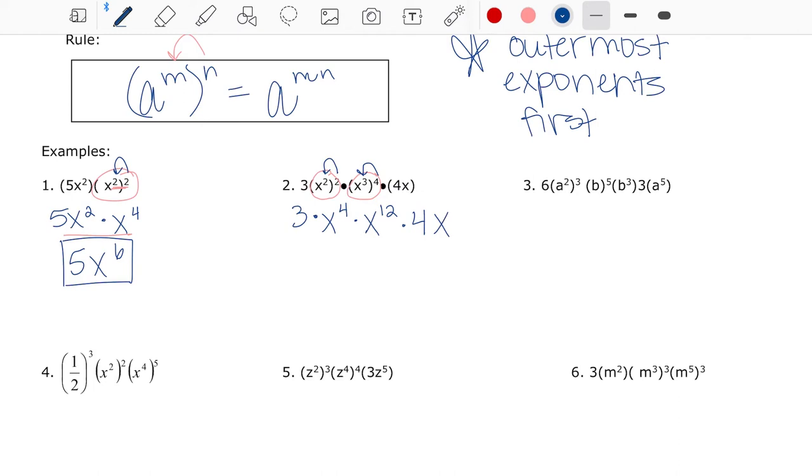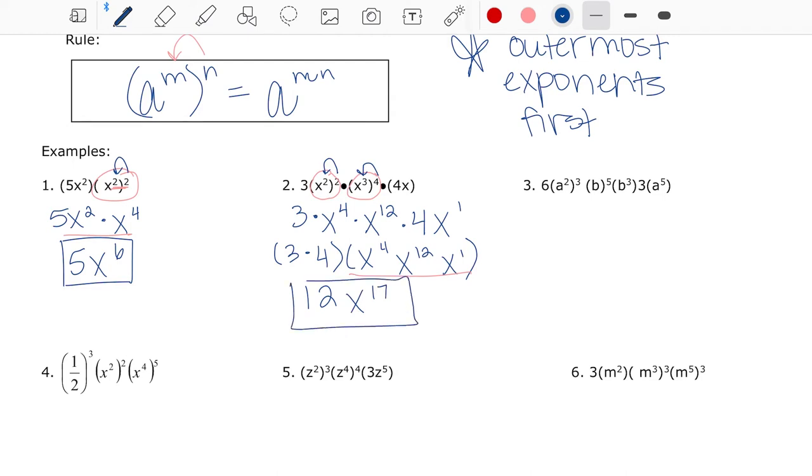And remember, when a variable doesn't have an exponent, it's an understood one. So now, just like the ones that we did previously, I'm going to take the coefficients and pull them out front, and then group my like bases. 3 times 4 gives me 12. And since I'm multiplying same bases here, that's when I add my exponents to get x to the power of 17.